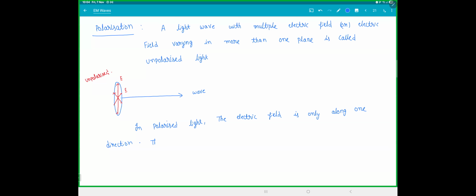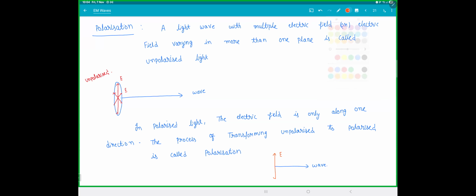So the process of transforming light from unpolarized to polarized is called polarization. So you have field only in one direction. Now, how do you get this polarization done?